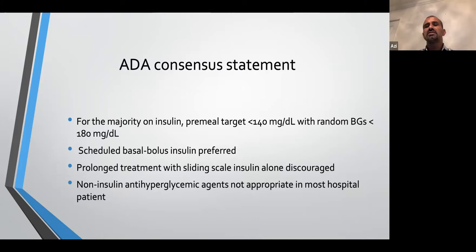Non-insulin antihyperglycemic agents are not appropriate in most hospital patients, like metformin, glyburide, which is a common medicine, and other oral hypoglycemics. We should avoid them because in the hospital we have better control with insulin.